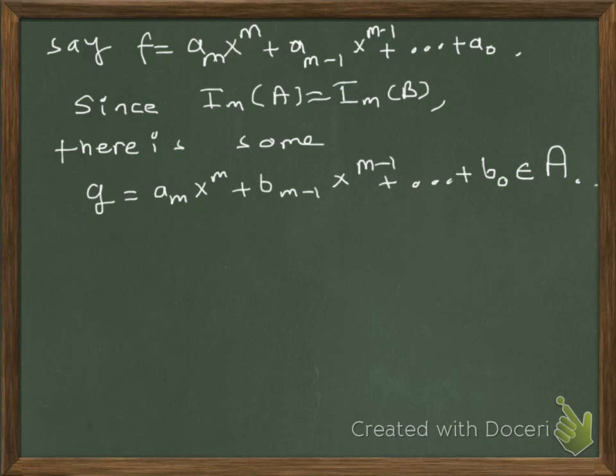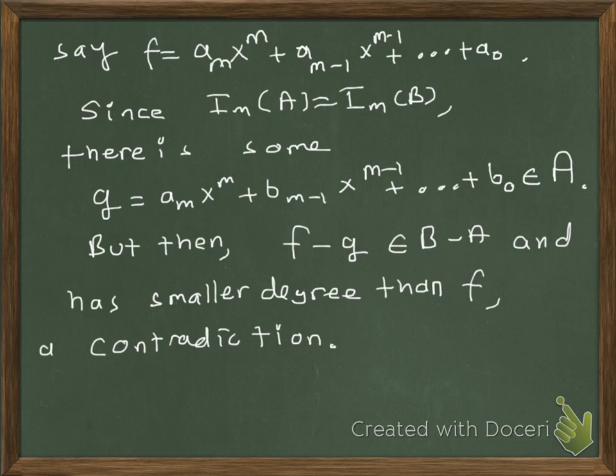Now our hypothesis says I_m of A and B are equal, which means there's some polynomial, say g in A, with the same leading coefficient. But then the problem is f minus g cannot be an element of B minus A, because if it were an element of that, then so would be its sum with g, which is f. That would be a contradiction.